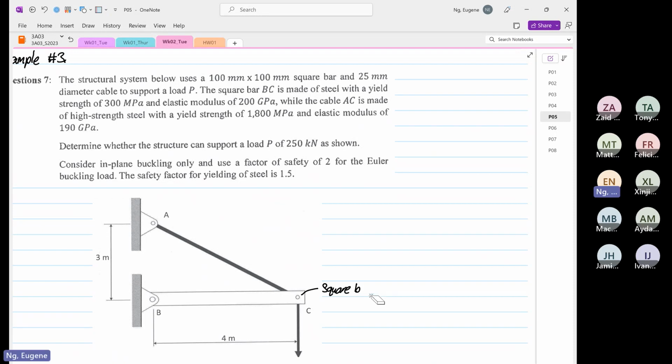Okay, the square bar is 100 by 100 millimeter square, and 25 millimeters diameter to support a load P. So this is the cable.